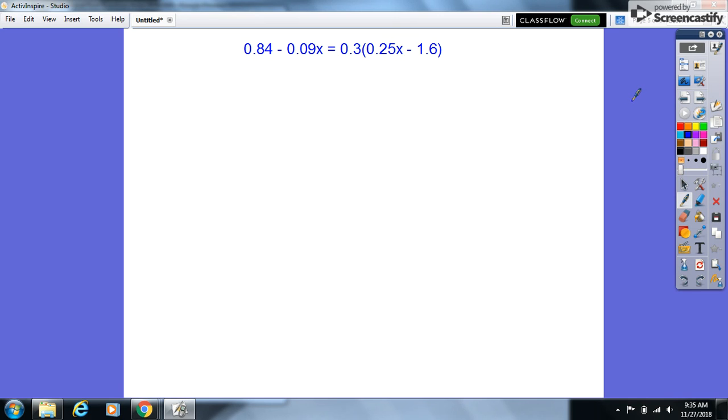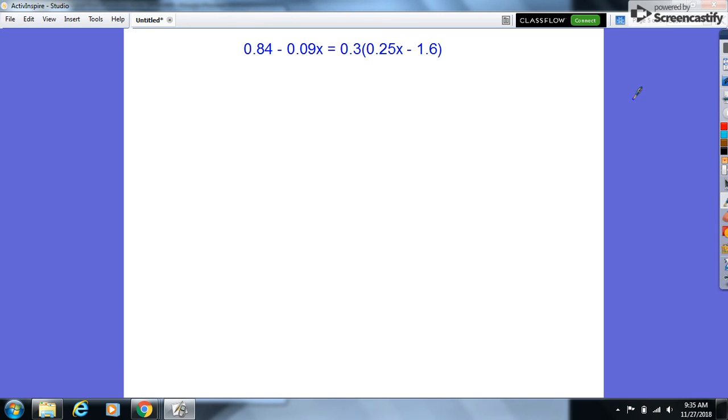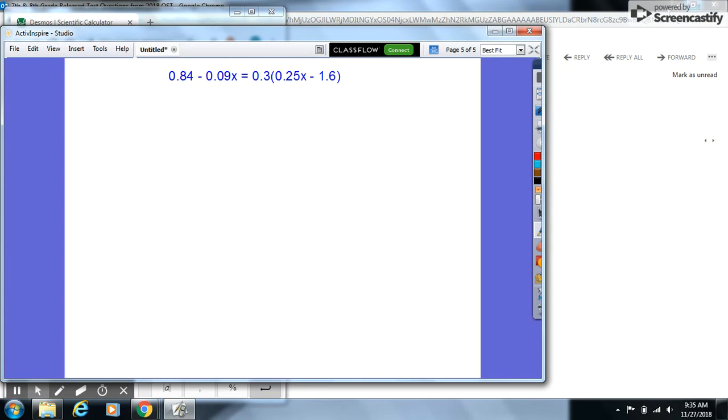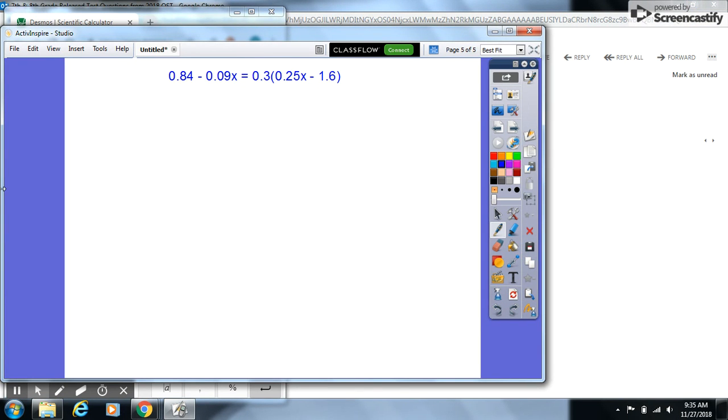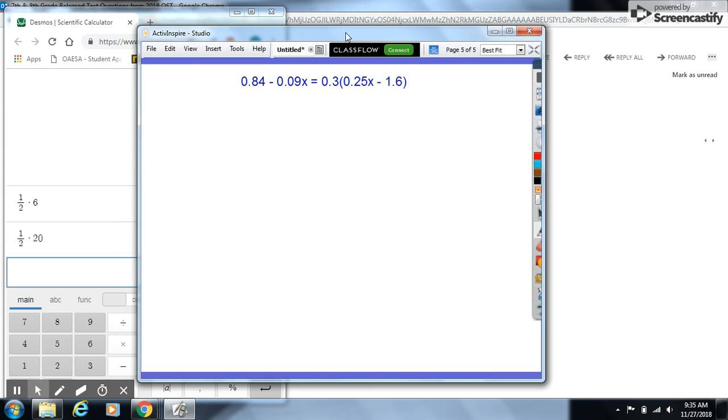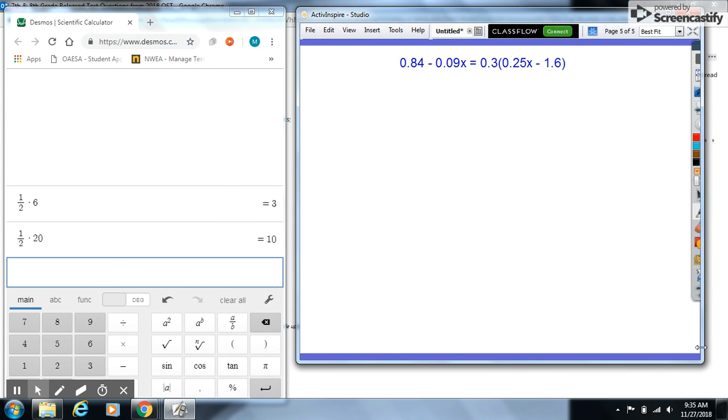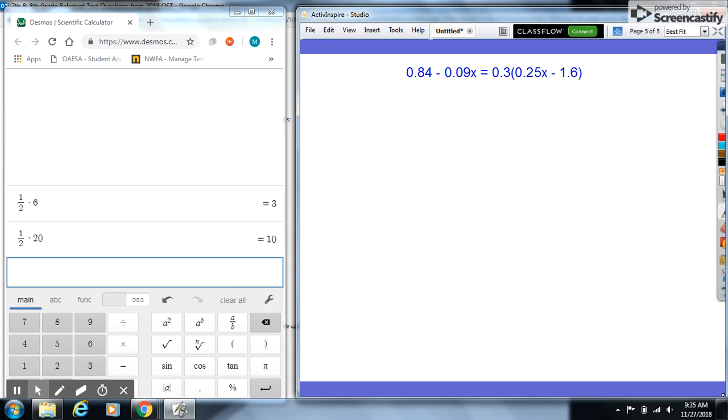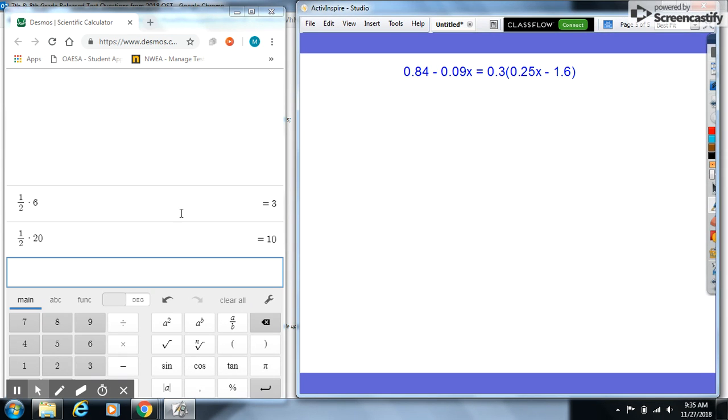It's okay. I got a whole bunch of decimals, no fractions, but I want you to realize that Desmos calculator is going to help you. You just have to be really careful that you're writing the numbers down correctly. So let me adjust my window here so I can have both of these screens open at the same time.